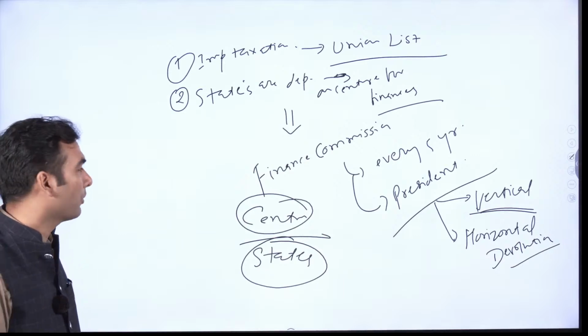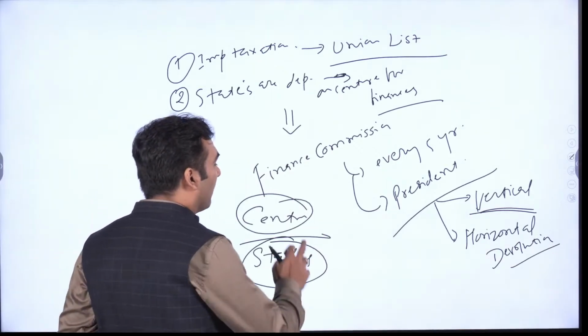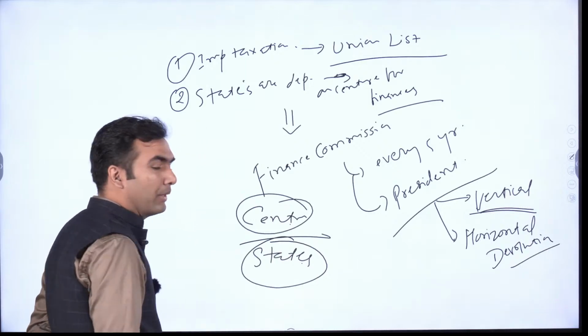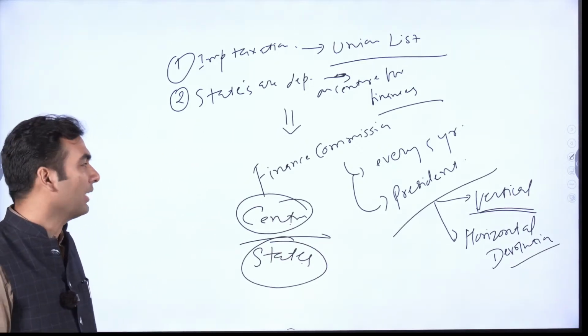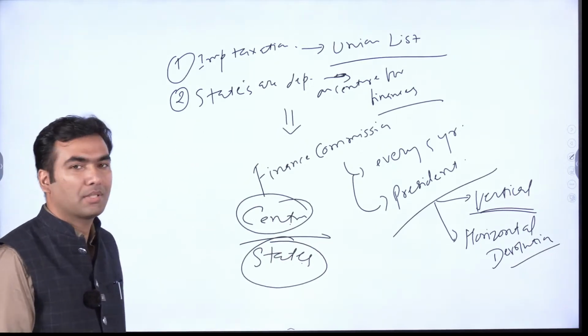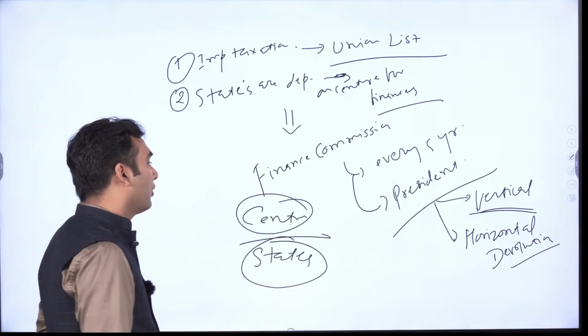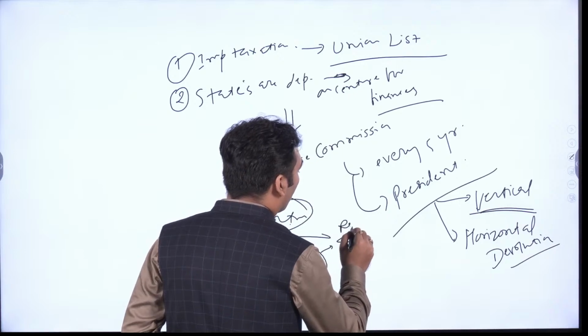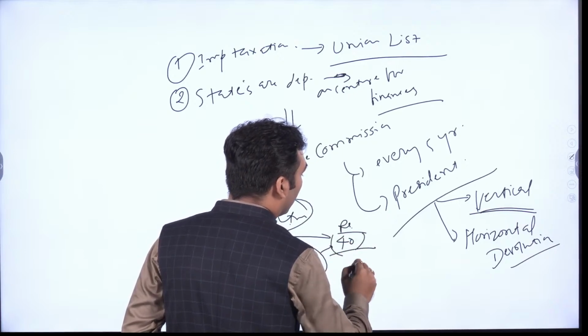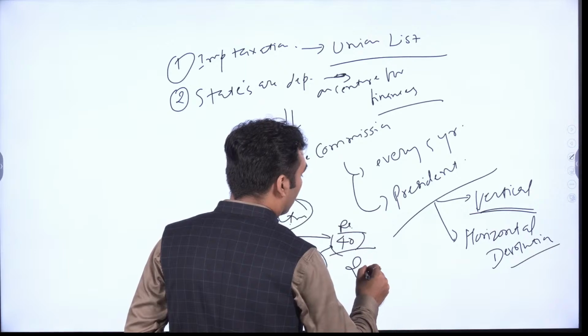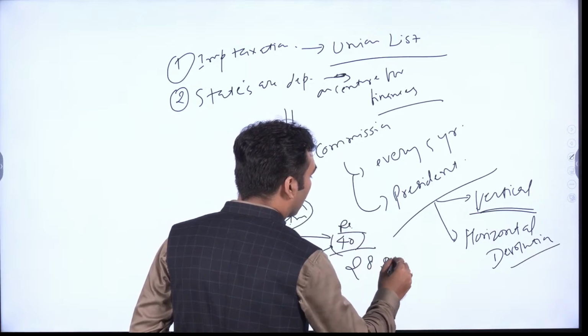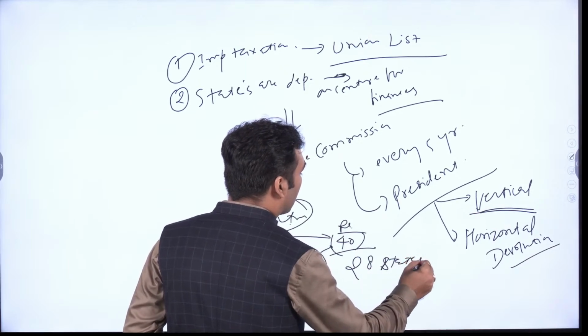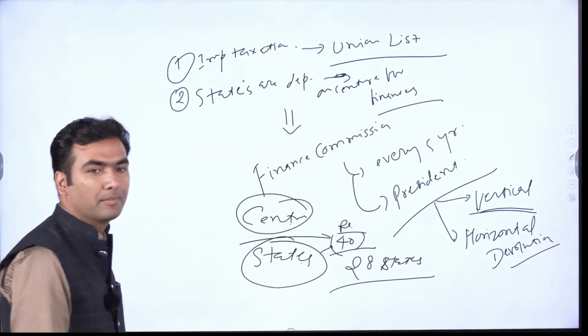Like if 100 rupees is collected, how much will be kept by the center, how much will go to the states? And next, obviously now we have decided that out of the 100 rupees, 40 rupees will go to the states. Now these 40 rupees have to be distributed among 28 states. Now these 28 states are not all equal.